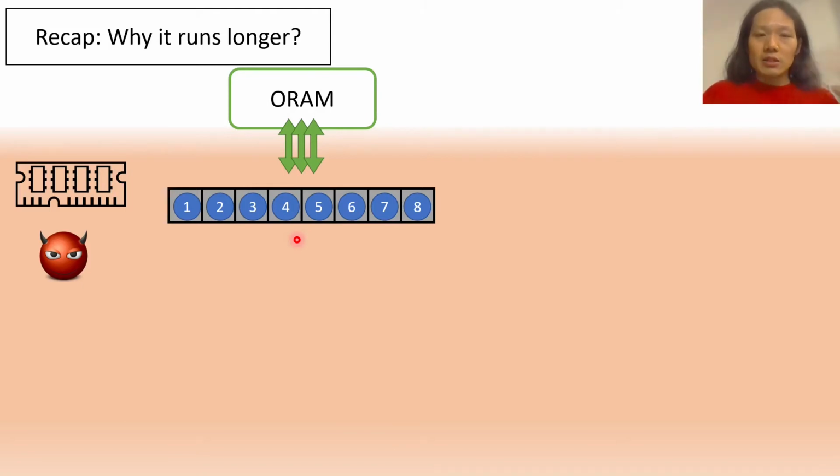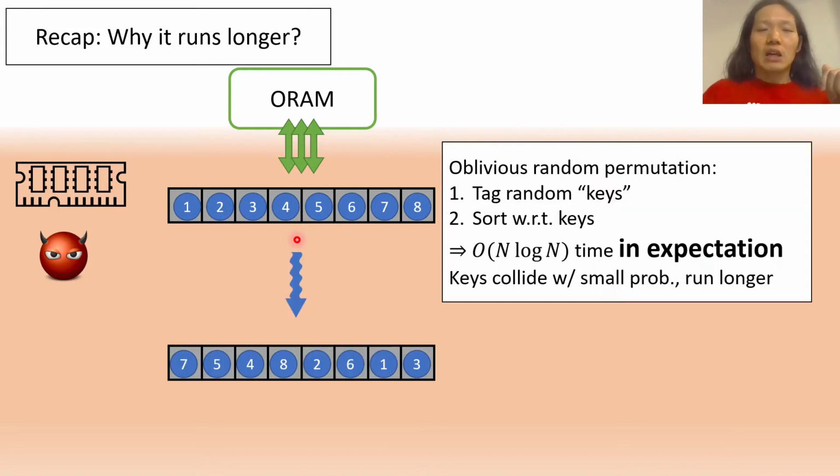That is not secure. So instead, we permute the array of elements uniformly at random.